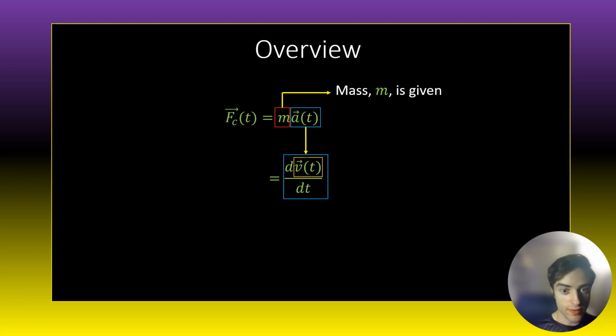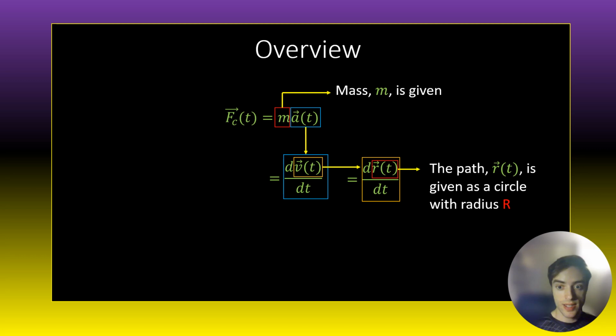And we also know that the velocity is the derivative of position with respect to time. And we also know that position, in this case, is a circle with radius r. And the circle will be centered at the origin. However, it could be centered anywhere, but for simplicity, it will be centered at the origin.